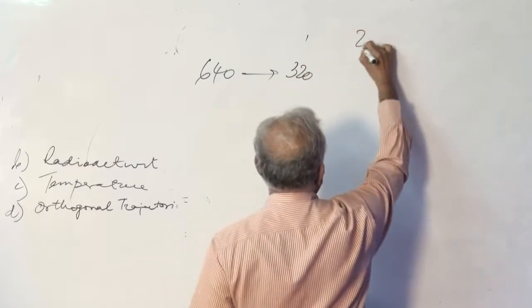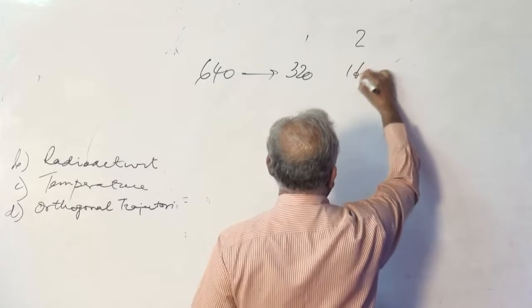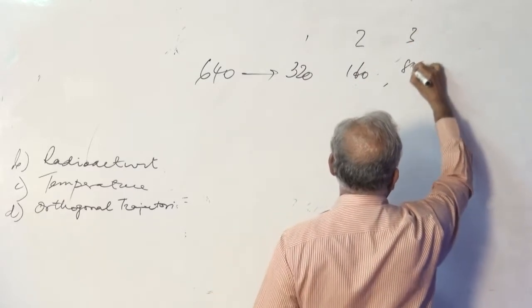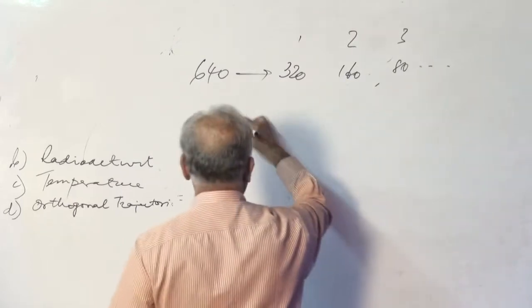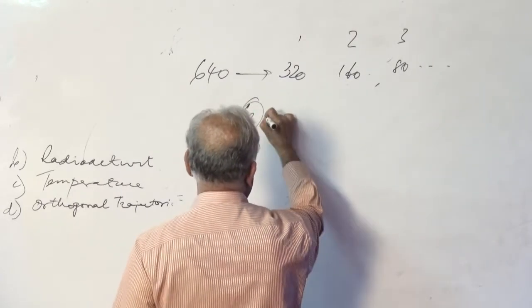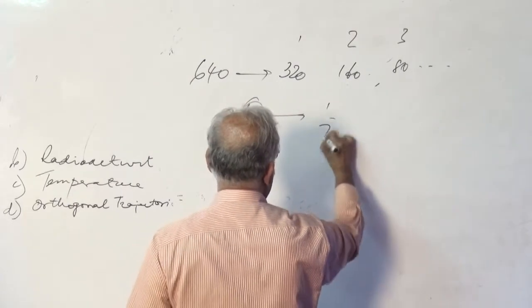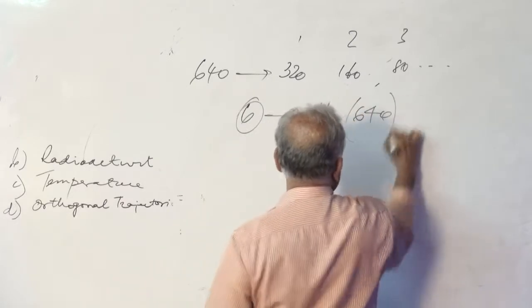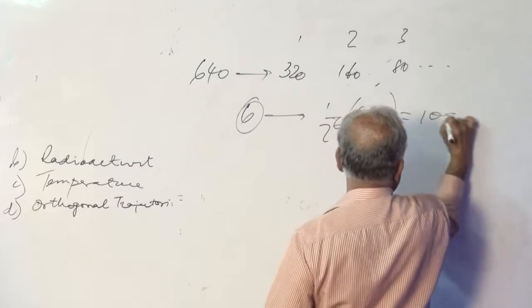After two half-lives, it will become half of this, 160. After three half-lives, it will become 80, and so on. One can see that after 6 half-lives, it will get to 1 by 2 to the power of 6 of 640, and that is nothing but 10 grams.